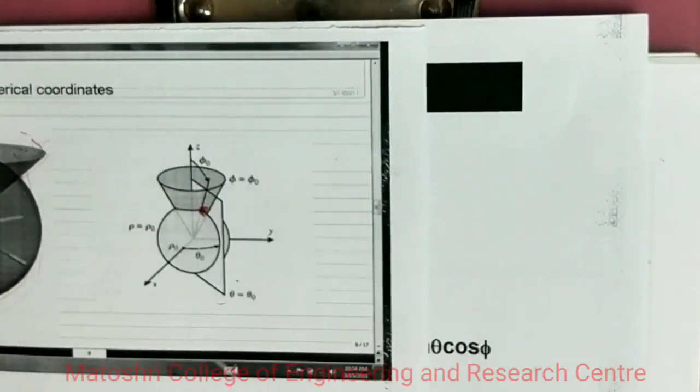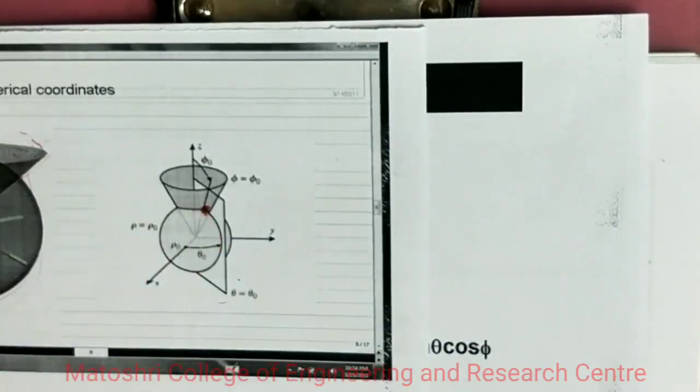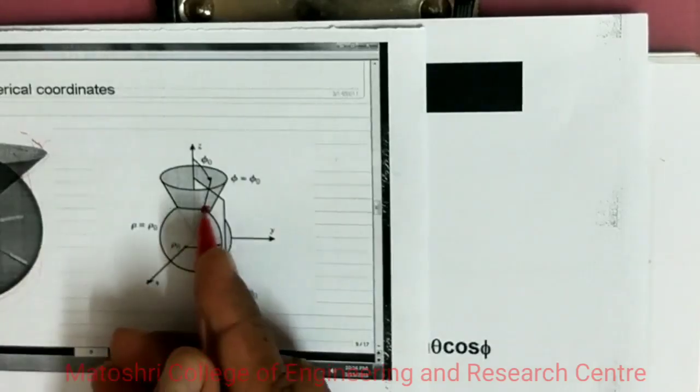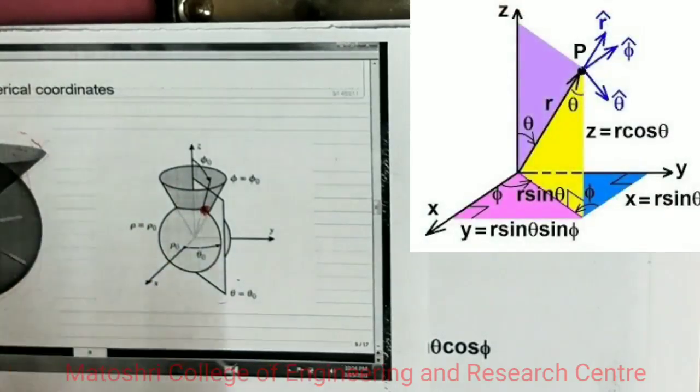So in this particular case, at this point P, we need to specify the 3 unit vectors along the 3 different coordinates. These 3 unit vectors are in the direction of increasing coordinate. So from the point P, there are unit vectors along the radius, along the angle theta, and along the angle phi.